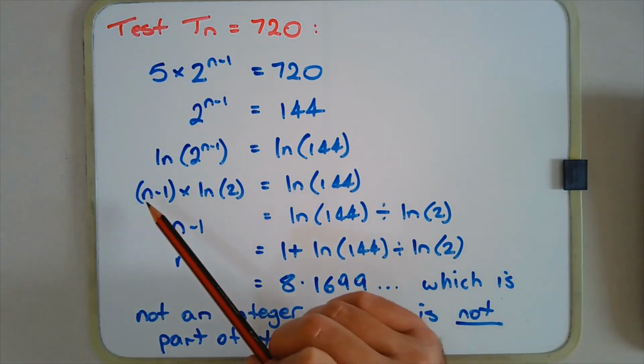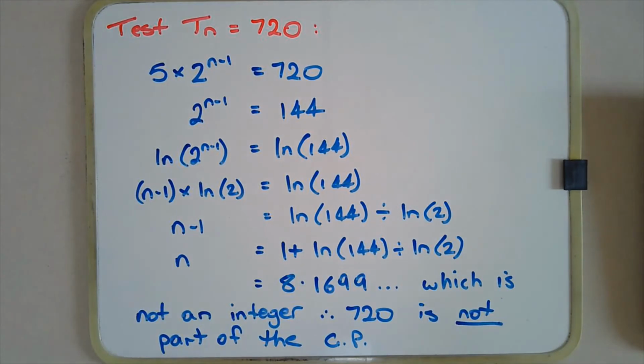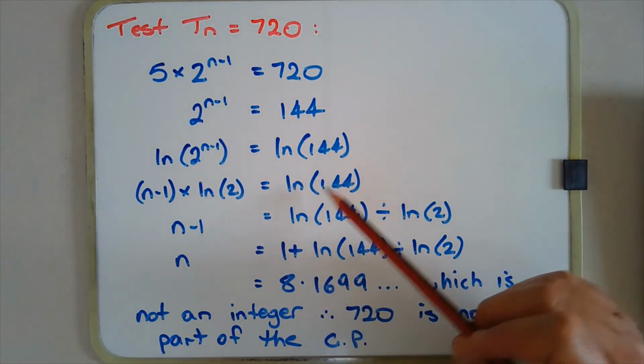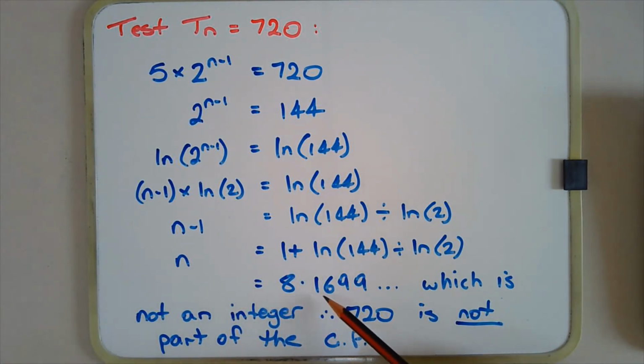So this becomes n minus 1 in brackets multiplied by ln of 2 is equal to ln of 144. Dividing both sides by ln of 2 and then adding 1 to both sides, we have n equals 8.1699 and so on, which is not an integer. Not a positive integer, but it's not an integer altogether. So therefore, 720 is not part of the geometric progression.